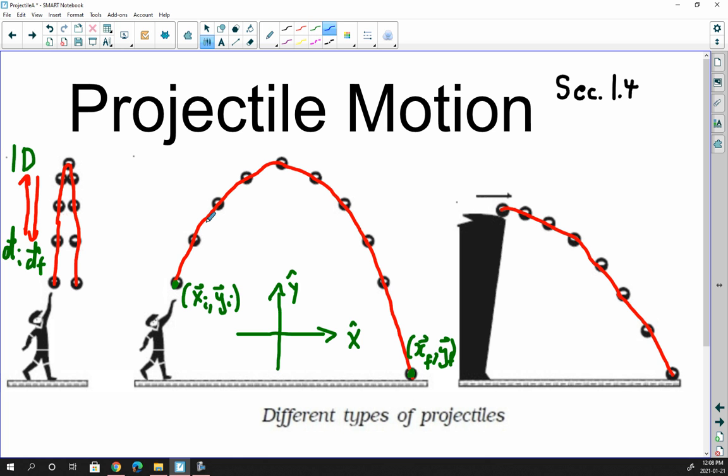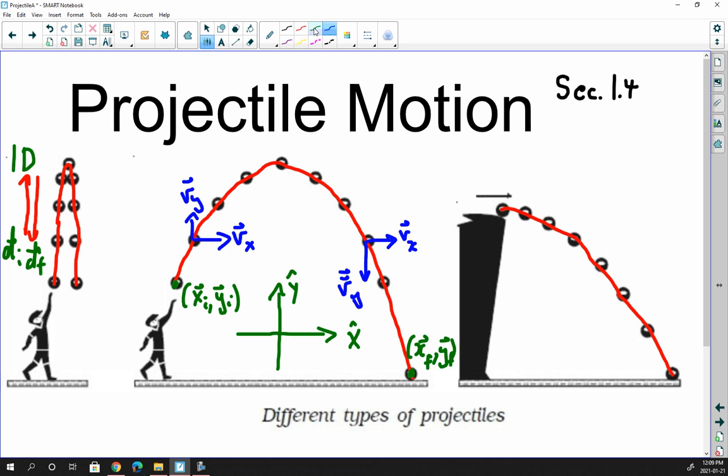Similarly, at any point in this object's motion, I can say, oh my goodness, there's a velocity associated with this object, but I have to say, look, there's a velocity here that's an x component. There's a velocity here that's a y component. And that could be true anywhere. Oh, what's the velocity here? Well, if I'm going to talk about velocity at any point along the path, there's an x component to the velocity and there's a y component to the velocity.